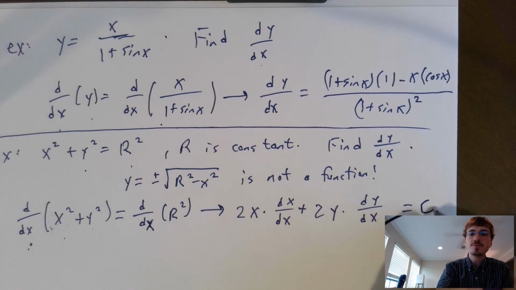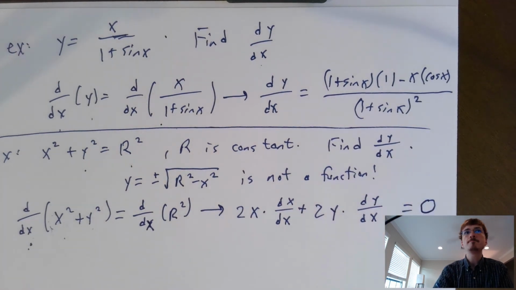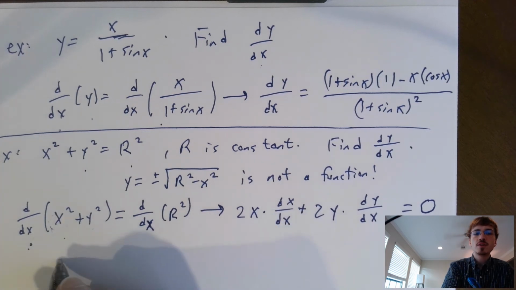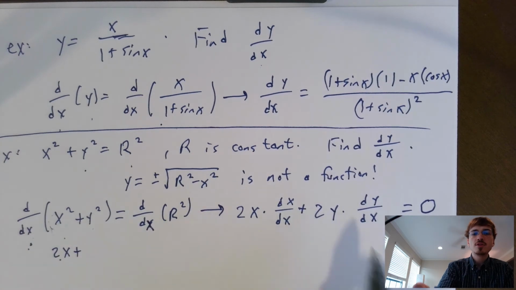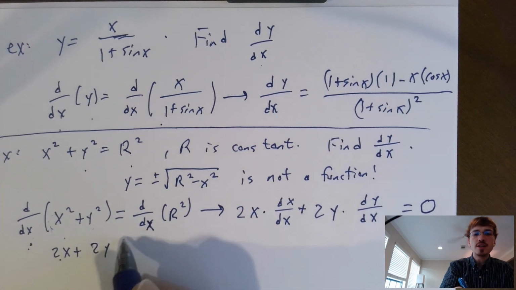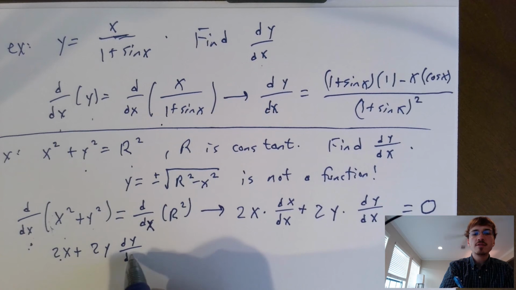That's 0. Yeah? And so now, what's the derivative of x with respect to x? That's just 1. So we have 2x plus 2y times dy/dx. dy/dx doesn't simplify. And that's 0.